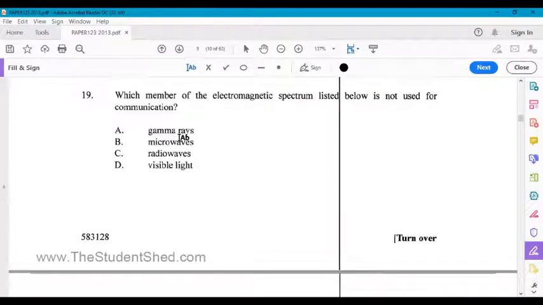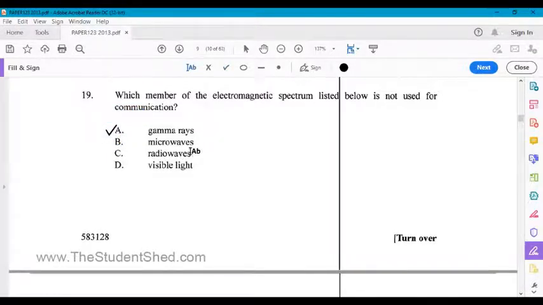Okay. So the only one that we don't use in communication, and that's TV, that's radio, that's cell phones, that's computers, the only one that's not used will be gamma rays, okay?